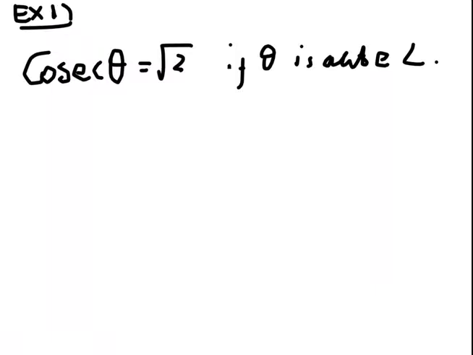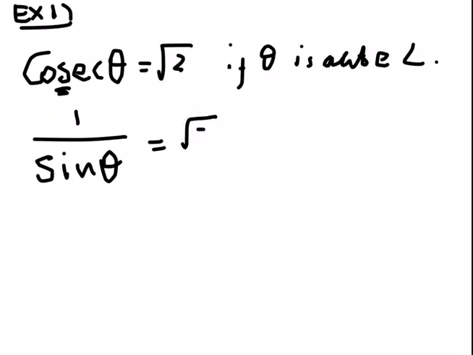How are we therefore going to deal with it without using a calculator? Because that is the most important thing, where they say do not use a calculator. What I know for sure is that cosec stands for 1 over sine. So I say this is the same as 1 over sine of an angle being equal to square root of 2.